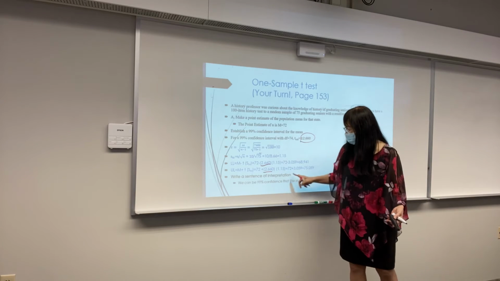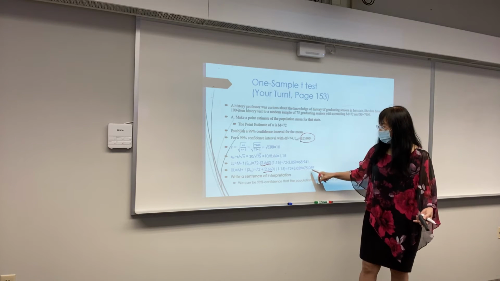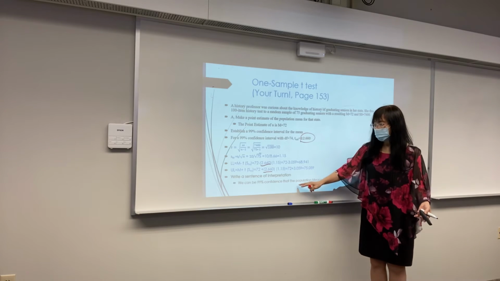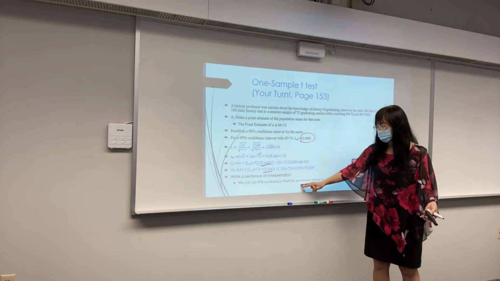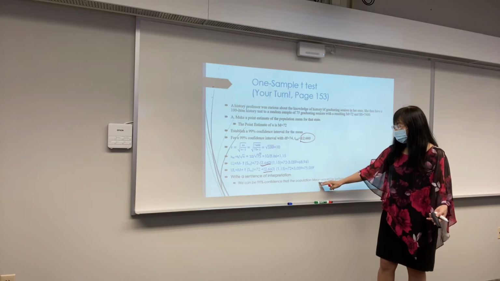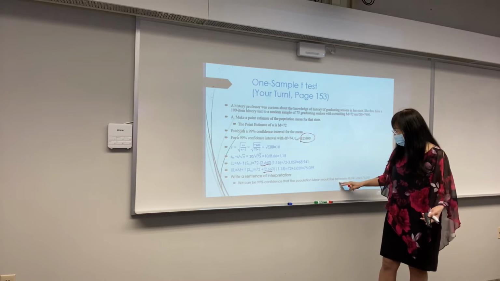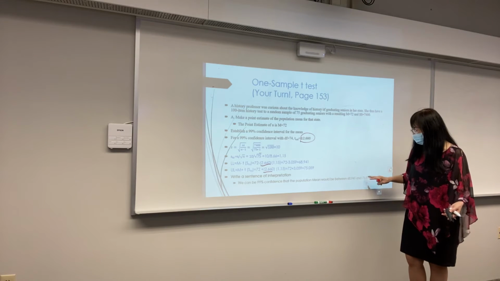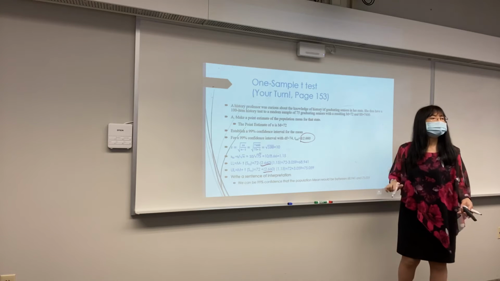Then plus, you get 75.059. So we can be 99% confident that the population mean will be between 68.941 and 75.059.